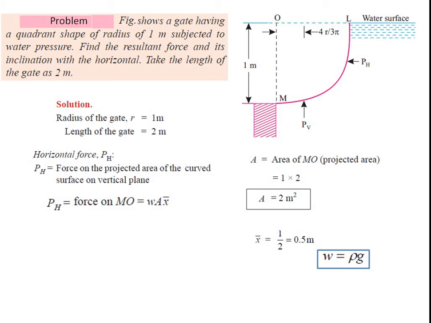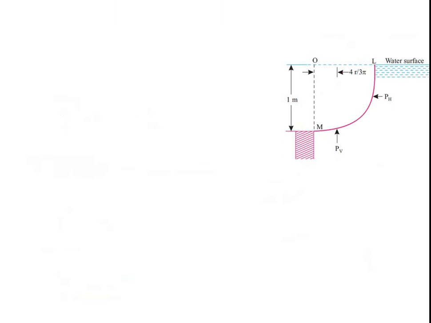And W is nothing but rho g. Since this gate is provided for water, it is 1000 into 9.81. So it is 1000 into 9.81 into 2 into 0.5. So PH can be given as 9.81 kilonewton. Okay, now the vertical force PV. PV is nothing but the weight of water supported by LM.